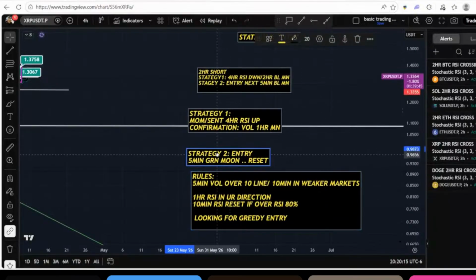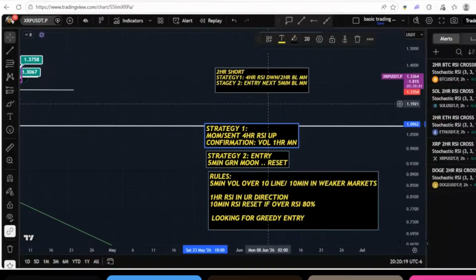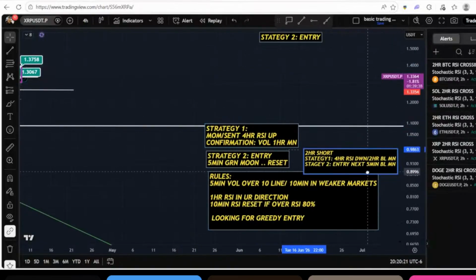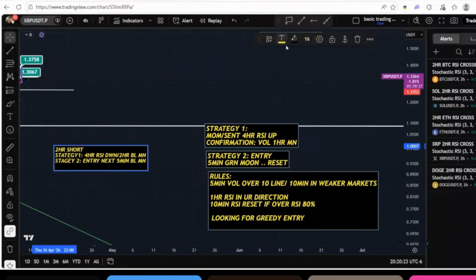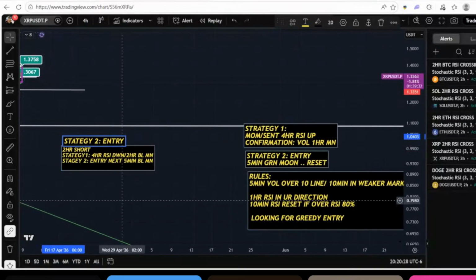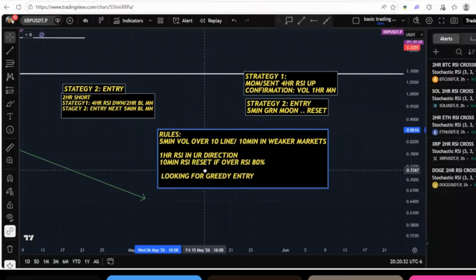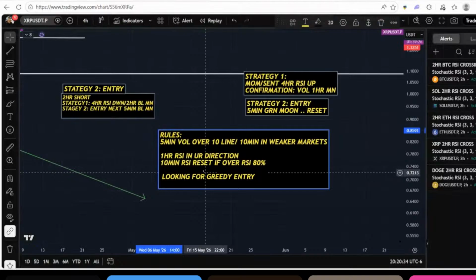When I pull these up here, we have a very simple process, right? So strategy 2 is an entry. Strategy 1 is your confirmations, right? And this allows you to kind of have basics. Part of the rules that we have right here is you want a 5-minute volume over the 10 line, right?